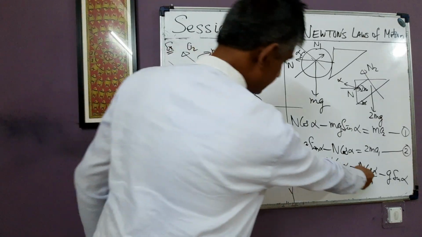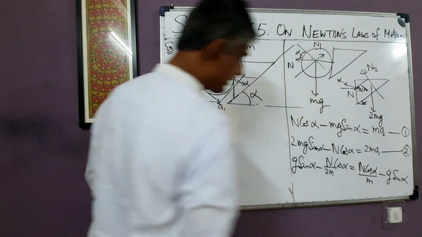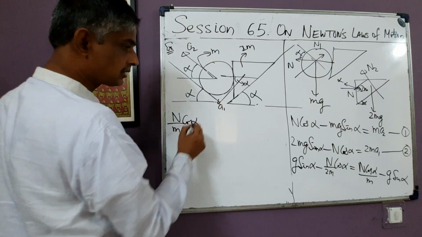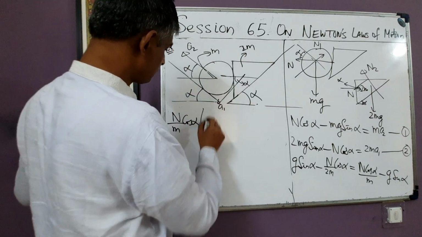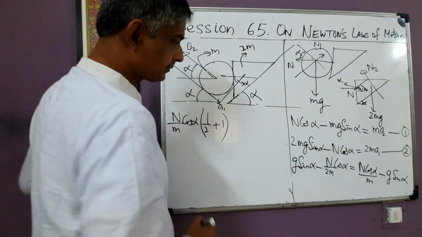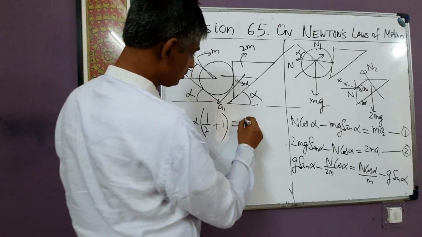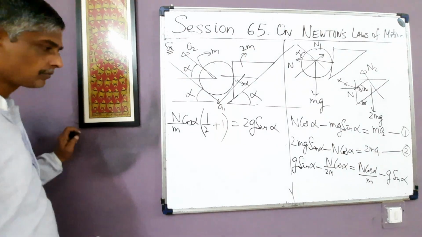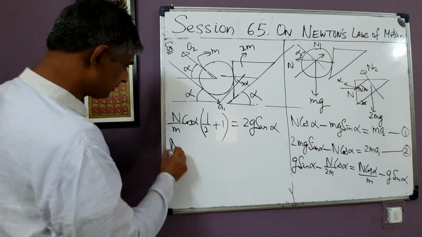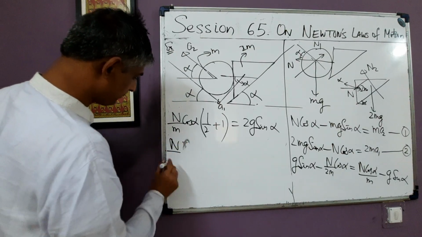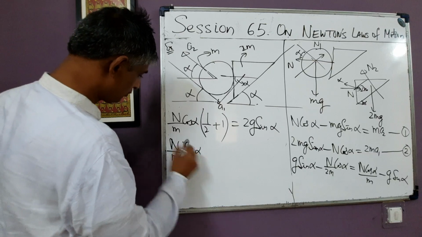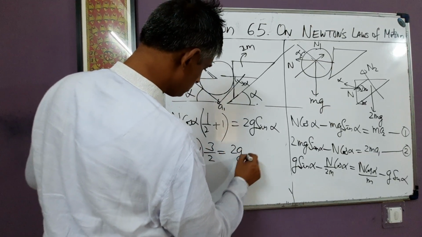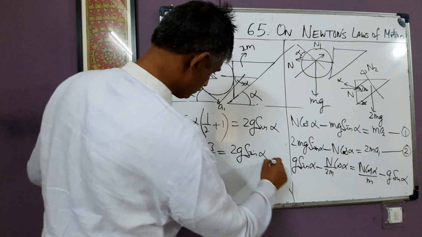Now I bring n on one side, n cos alpha this side, take one side, okay? So it becomes n by m cos alpha, okay? This becomes 1 by 2 plus 1 is equal to 2g sin alpha. Fine. How much does it become? n by m into cos alpha into 3 by 2 equals 2g sin alpha.